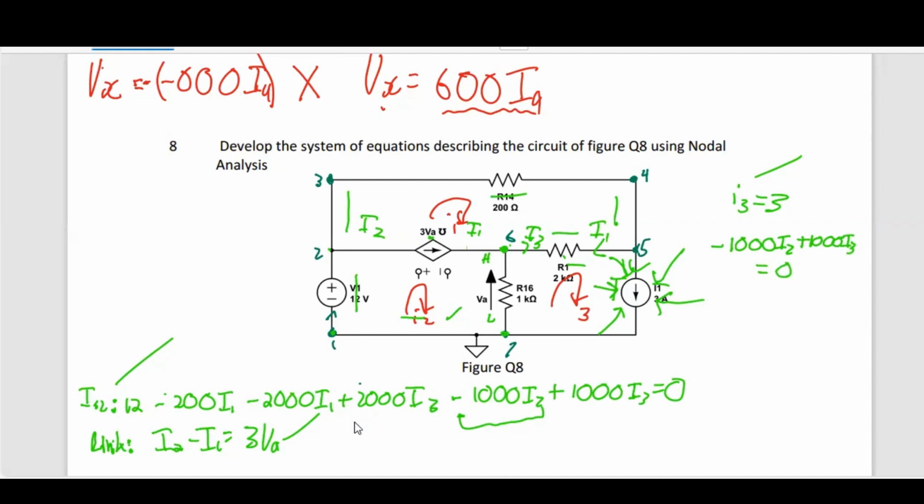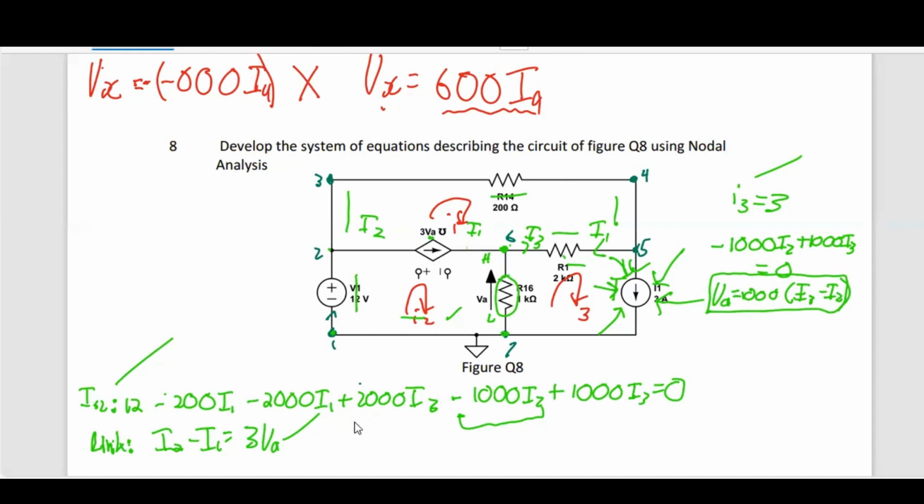To write the link equation for VA, it would be the sum of these two. Let's factorize the 1000, so you end up with I3 minus I2. That'll be the answer right there. Nothing too special; it's the same thing we did before, just like the voltage drop across.